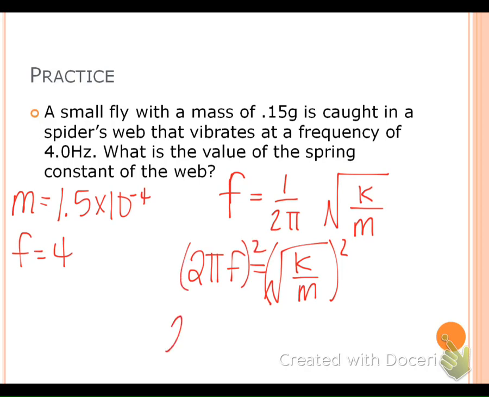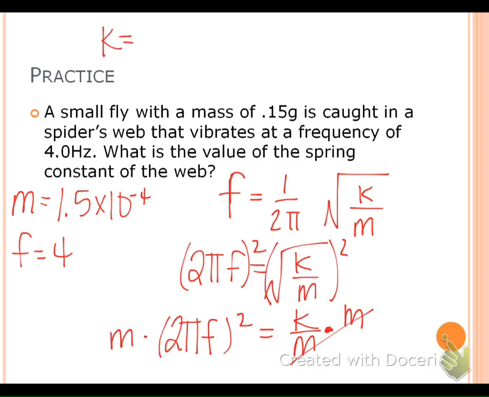That leaves us with (2 pi f) squared equals K over M. And then to get K by itself, we're going to just multiply by M. All right, so now our new equation says K equals M times (2 pi f) squared. Now we can go ahead and plug in numbers here to solve for K.